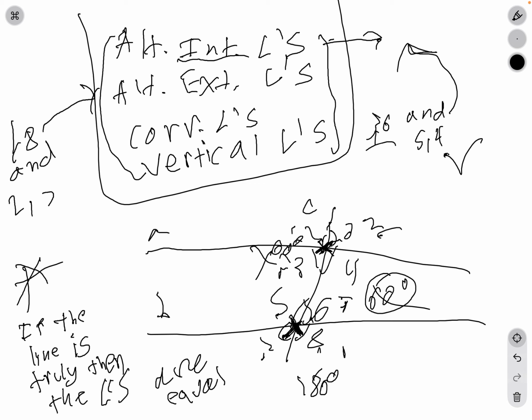And since angle 3 is equal to 60 degrees, then angle 4 has to be equal to 120, because they both make up a straight line, which is A, or they make 180 degrees, then 60 plus angle 4 has to equal 180. So 120 would be the answer for the missing value of 4.